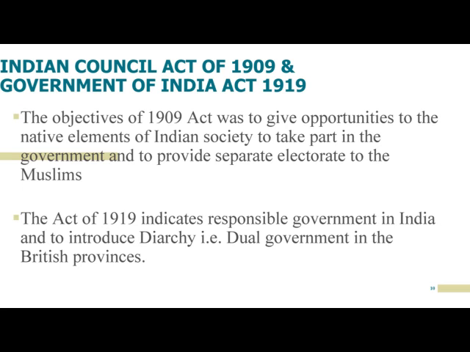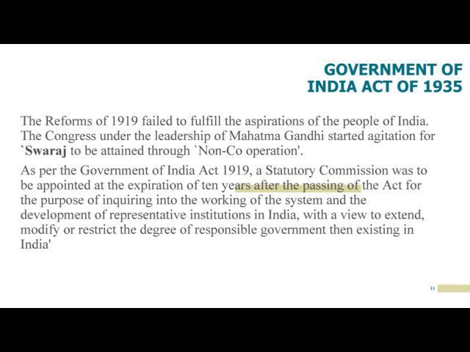To that effect, the Government of India Act 1935 came into existence. The reforms of 1919 failed to fulfill the aspirations of the people; the Act of 1919 was unable to implement whatever outcomes it had laid down. To that effect, the Government of India Act 1935 came into existence.